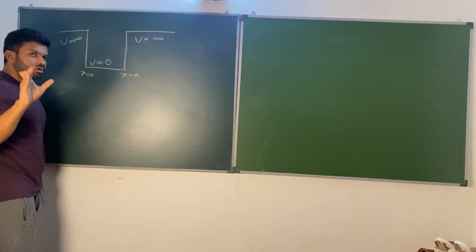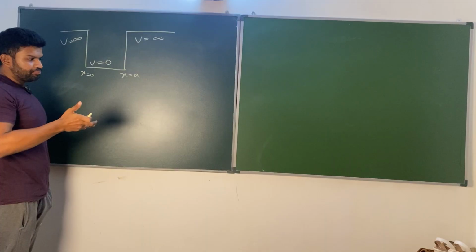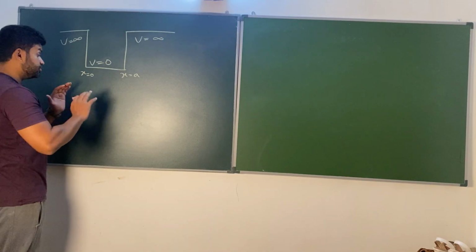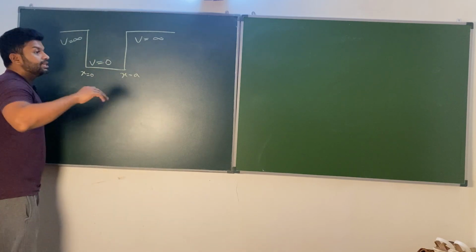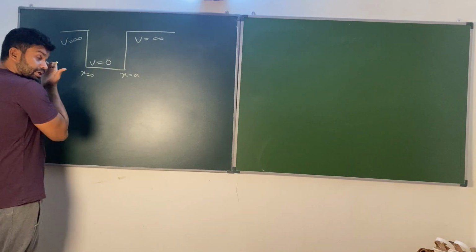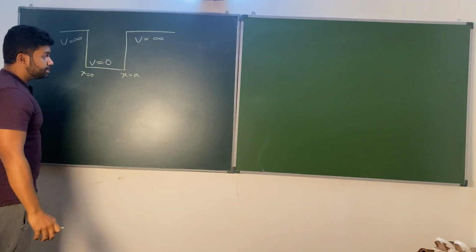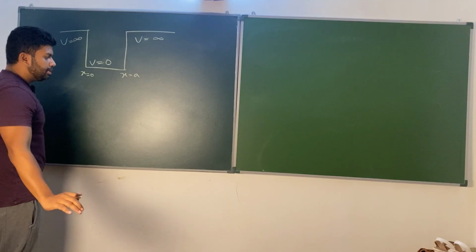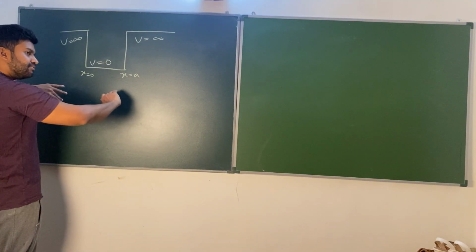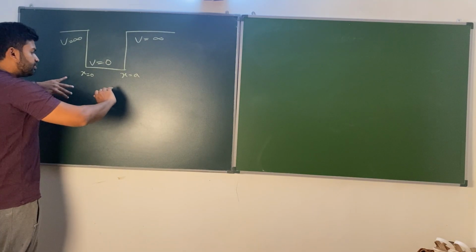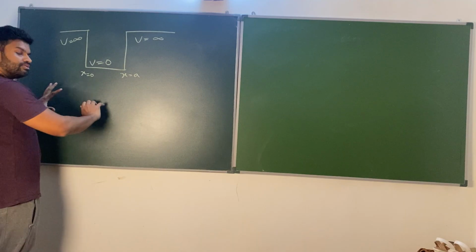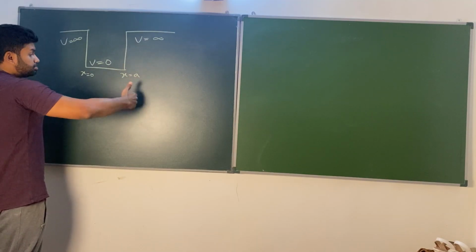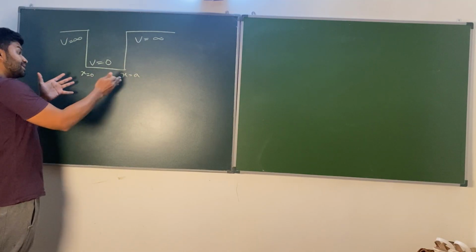And if you have not gone through my previous video, you must go through it, because most of the useful concepts are there. In that video, I mentioned that when the potential is 0, we can separate the wave function, and we can write the time variant part of the wave function separately, and the next part of the wave function depends on x.